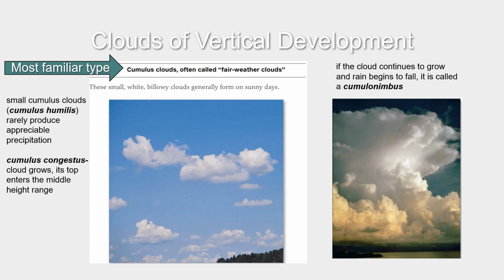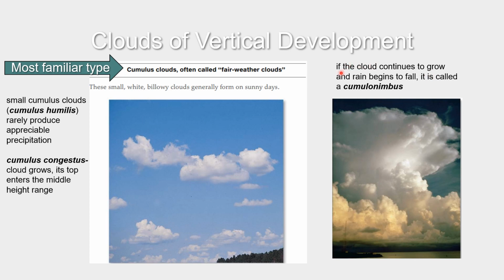So this cumulus congestus is when the cumulus top enters the middle height range. And if the cloud continues to grow, then it's called cumulonimbus.